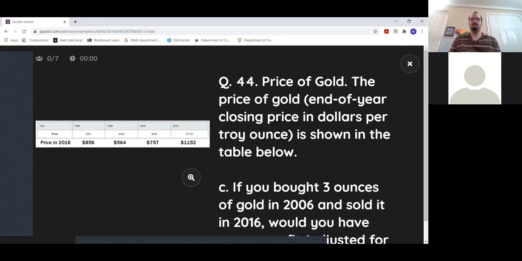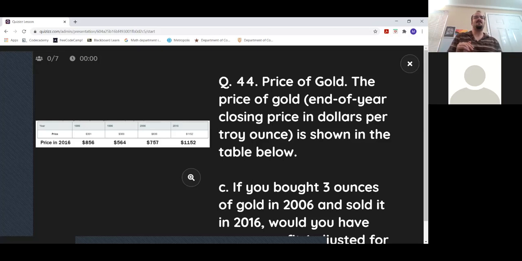I have one question I'm kind of confused about. Yeah, what's up? So let's just explain, right? What number would we use to subtract? What's the 636 or the 757? So they want us to adjust it for inflation. So in order to adjust things for inflation, you have to put them in the same year, right? Because money has different amounts in different years.